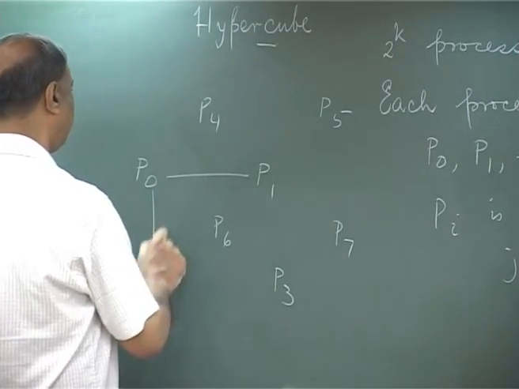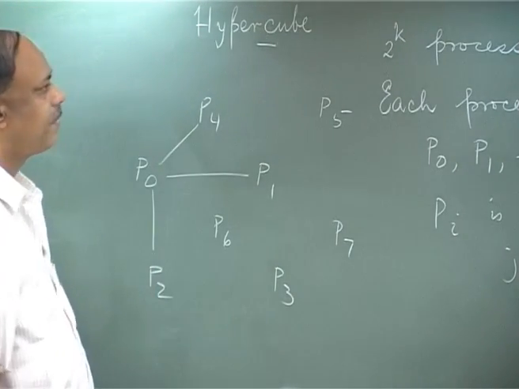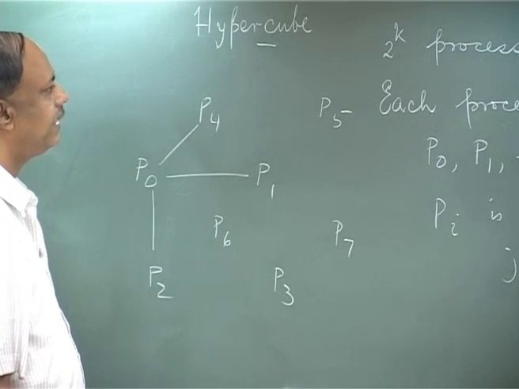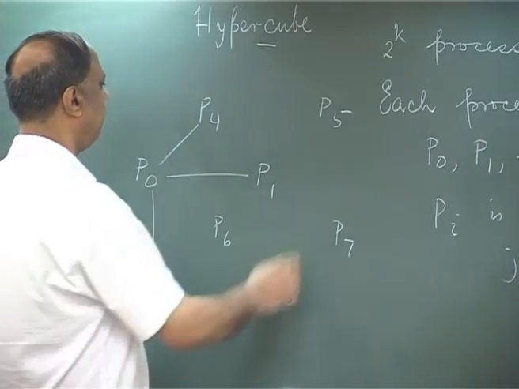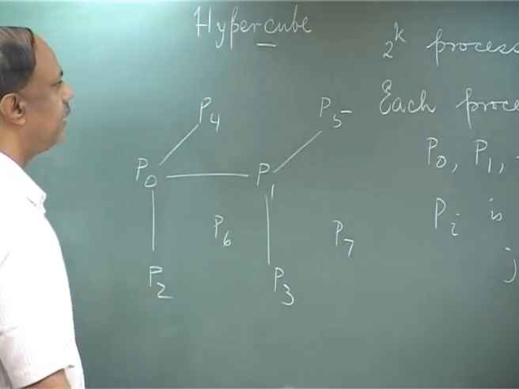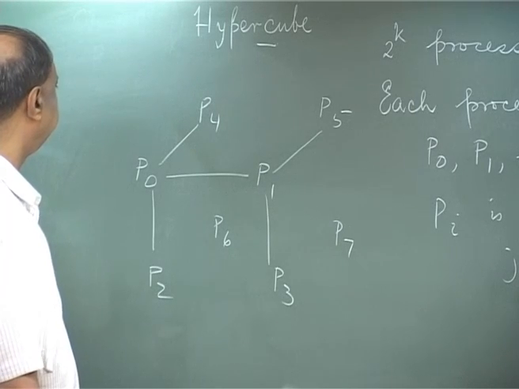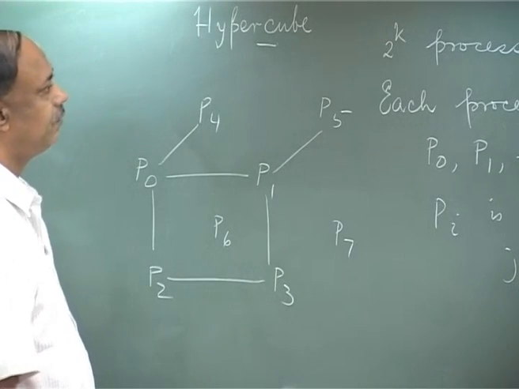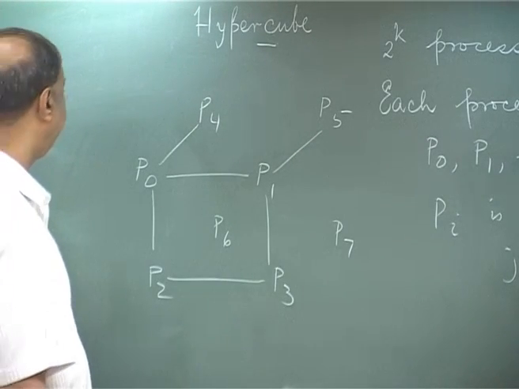P1 is connected with P0, P3, P5. P2 is connected with P3, P0, and P6.